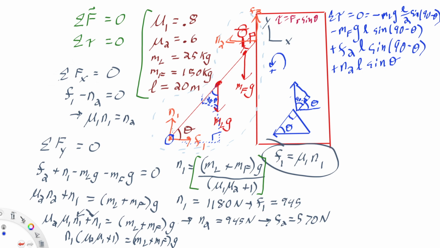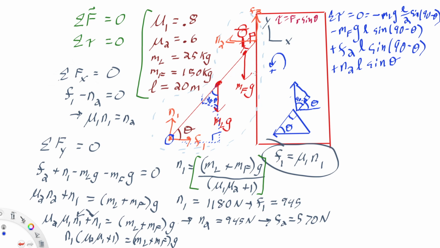Since they don't produce any torque, we then worked our way up the ladder and calculated how much torque each of the other forces would exert. So we started off with the weight of the ladder, and we did a little geometry and figured out that the angle between the weight and the ladder was actually going to be 90 minus theta rather than theta.